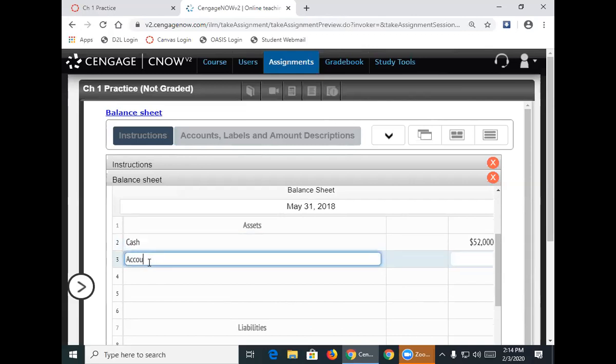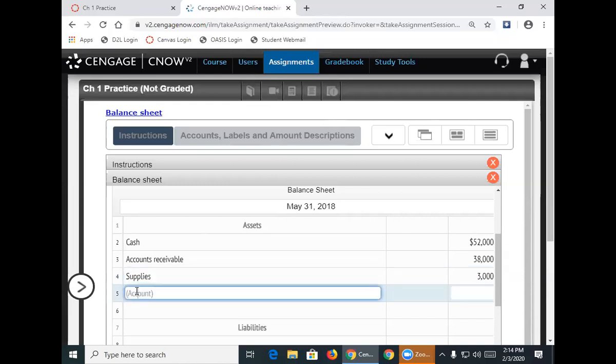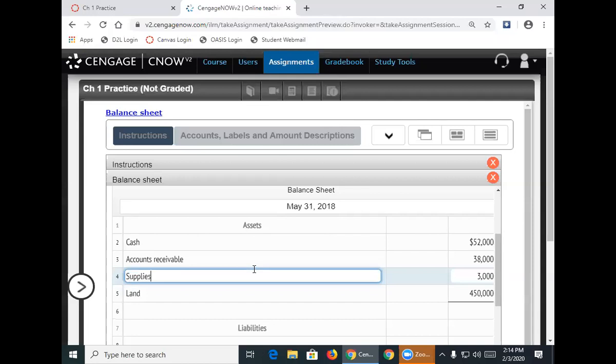And then I have accounts receivable, 38,000. Supplies are 3,000, and land is 450,000. So those are all of my assets.